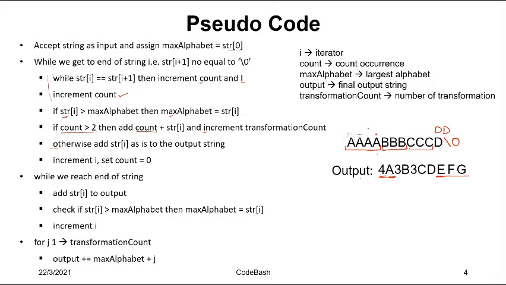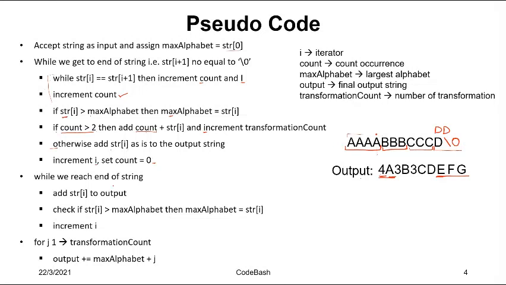The same thing needs to be done again for B and C and so on, for all the consecutive things. So for that, we need to increment I and set the counter back to 0 for every character that we add.